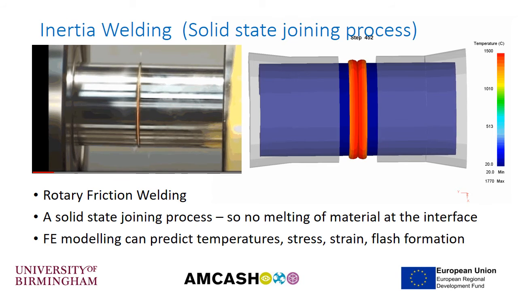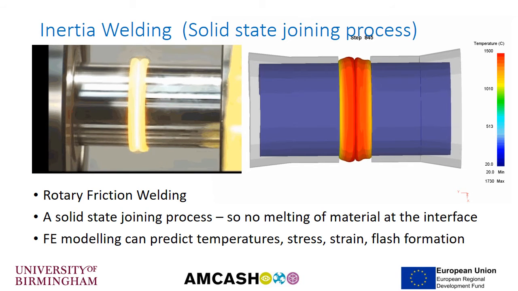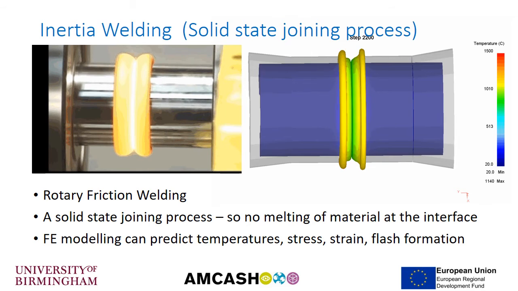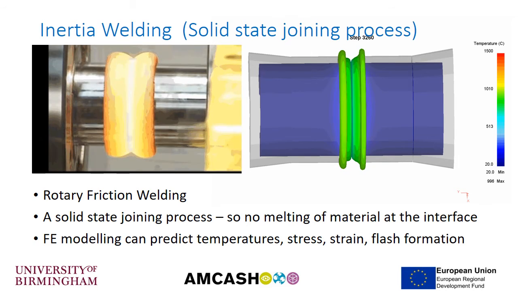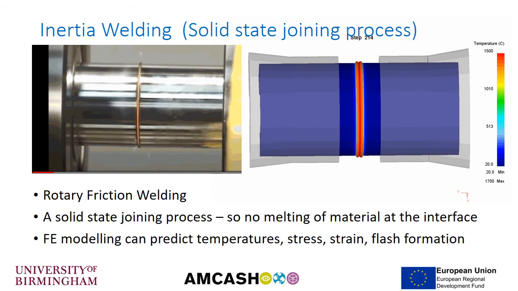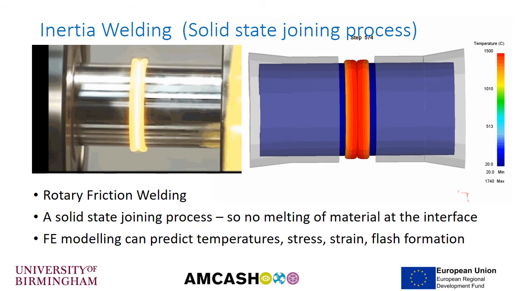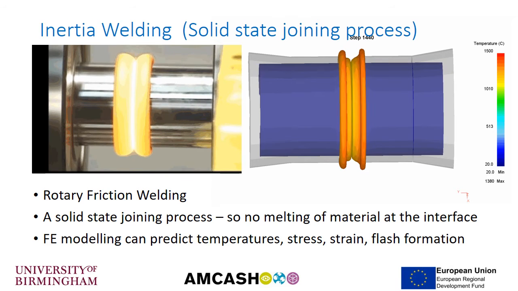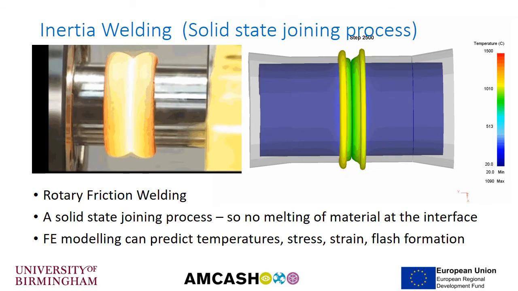So the last process model that I'd like to talk to you about is rotary friction welding. So in this process we have two components, two axisymmetric components. The first remains stationary, the second rotates about its axis of symmetry. We apply a load across the two, and the frictional heating at the interface causes the components to bond.